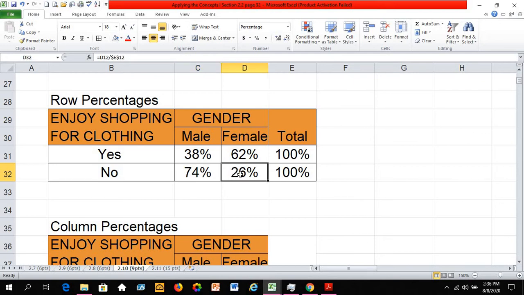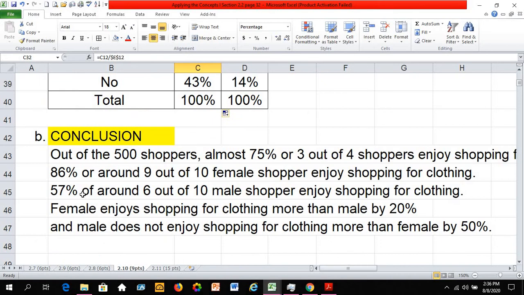So this is 26%, or around 25%. This is around 75%. So the big difference is 50%. Okay, so that's item number 4.